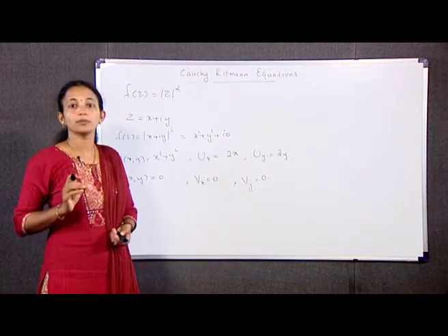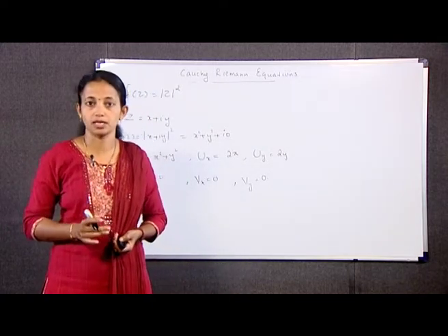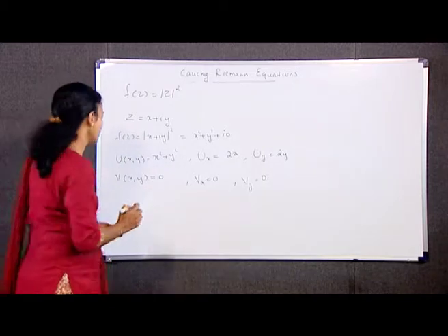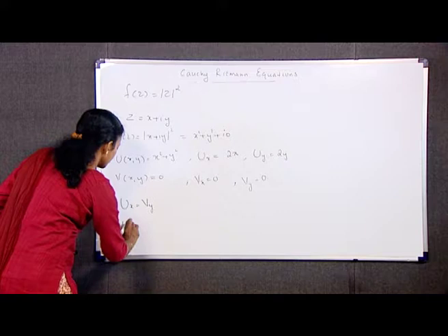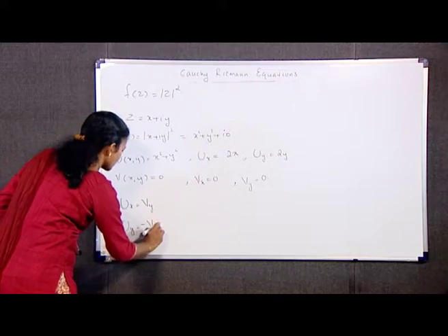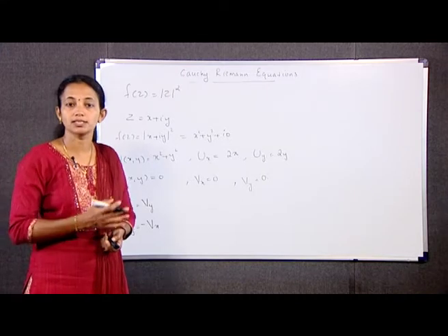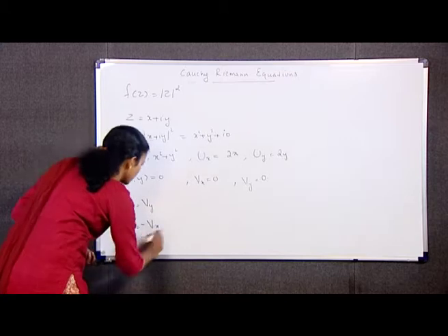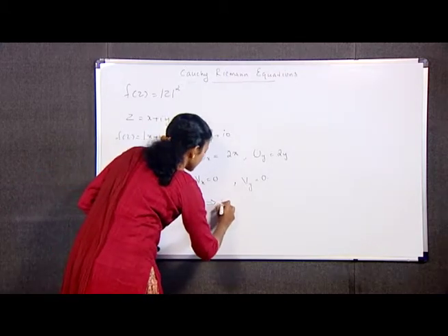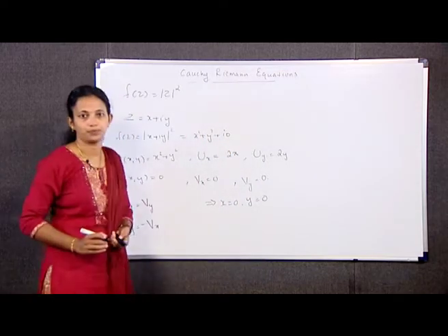If the Cauchy-Riemann equations are to hold at a point (x,y), then we must have u_x = v_y and u_y = −v_x. So that 2x = 0 and 2y = 0, which implies x = 0, y = 0.